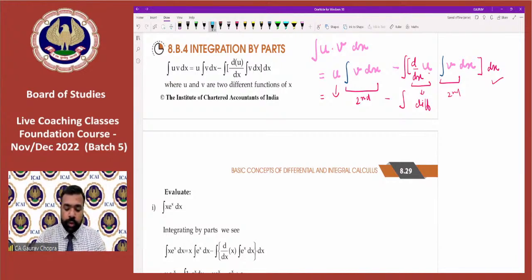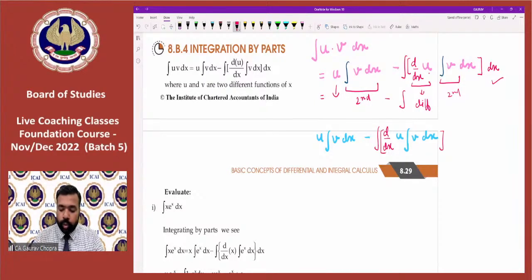So the first step was to write u integration v dx minus, again writing integration v dx, and after that we have to write integration d by dx and then bracket close and dx. So this is the formula for integration by parts.